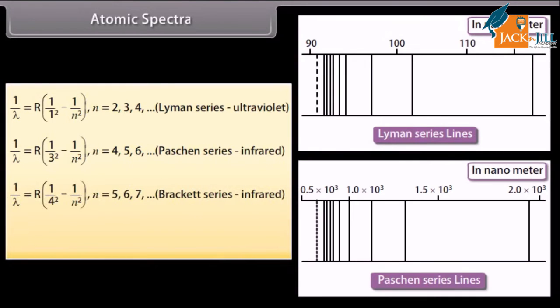Brackett series, which is given by 1/λ equals R(1/4² − 1/n²). Here the value of n may be 5, 6, 7, 8 and so on. Pfund series, which is given by 1/λ equals R(1/5² − 1/n²). Here the value of n may be 6, 7, 8, 9 and so on.